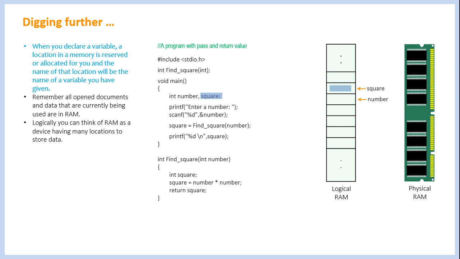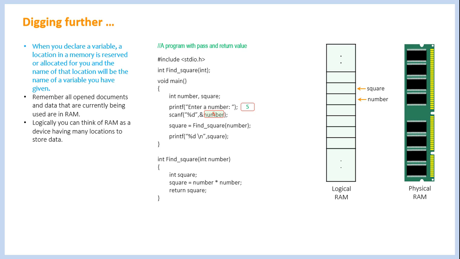Now let's say you enter 5. Generally, you say 5 is stored in variable number. But what's really happening is 5 is being stored in the location to which earlier we had given the name number.